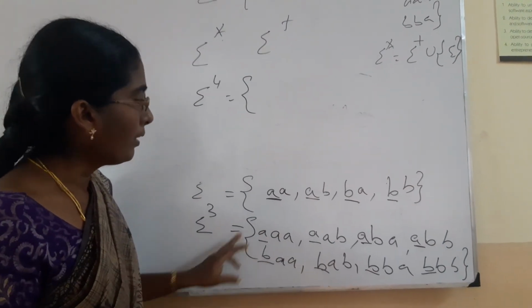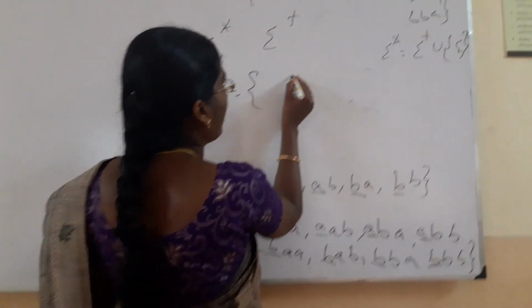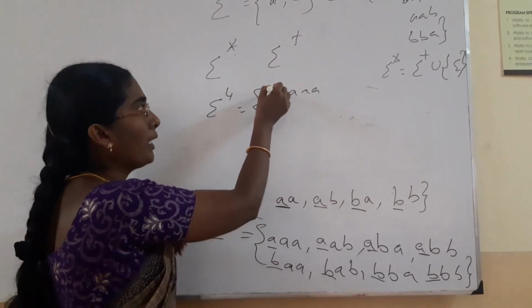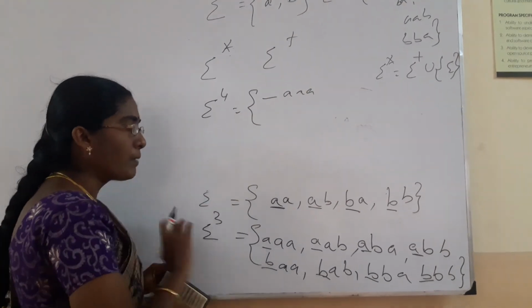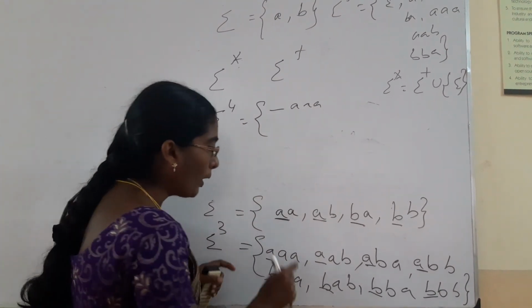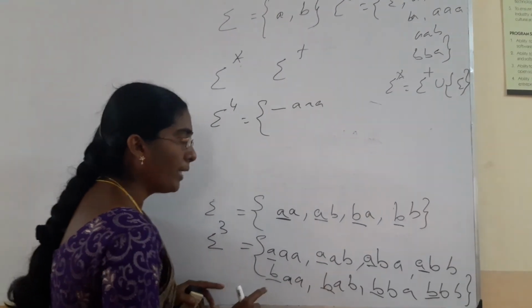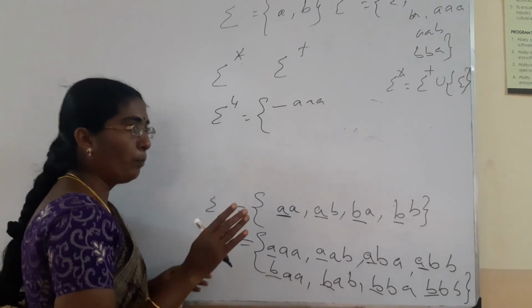Here we are having 8 existing symbols. So write these 8 existing symbols, that is AAA. For the fourth symbol, we have to concatenate A or B. First we have to concatenate A with these existing 8 symbols. Next you have to concatenate B with these existing 8 symbols. Like this we have to proceed.